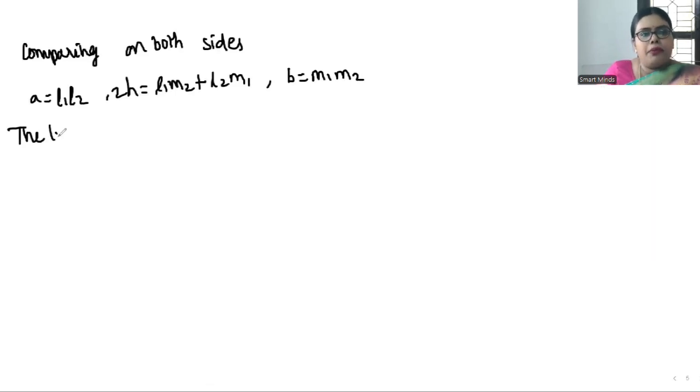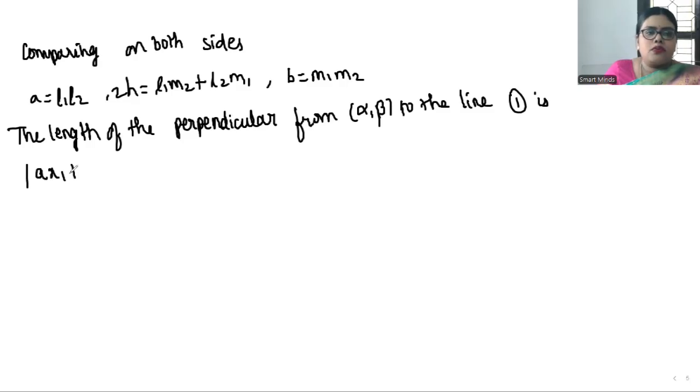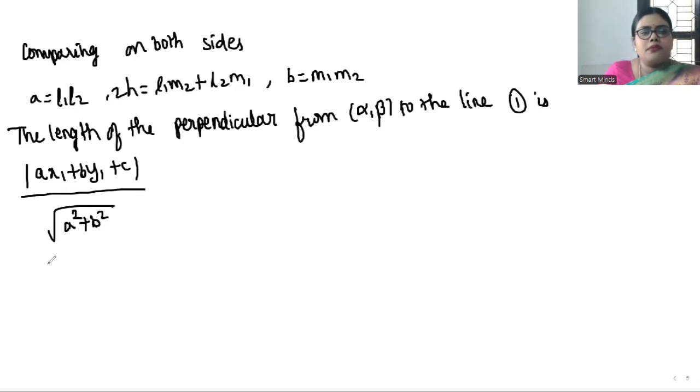So the length of the perpendicular from alpha comma beta to the line 1 is, what is the length of the perpendicular formula? Ax1 plus By1 plus C by root A square plus B square. Always remember this formula, it is very important.